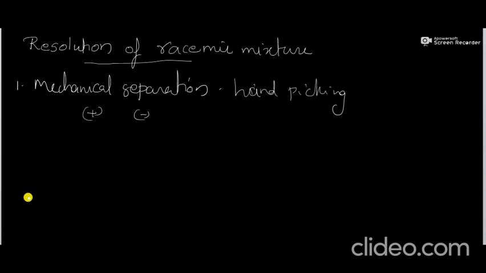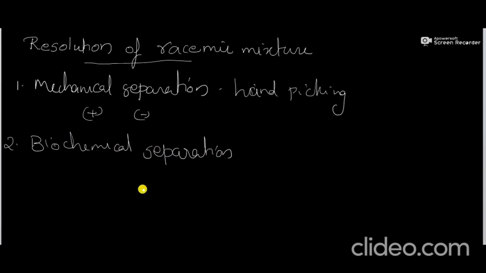Second method is biochemical separation, found by Pasteur in 1858. In this case, it is possible to isolate one of the enantiomers of a racemic mixture by the selective destruction of the other through a biochemical process.